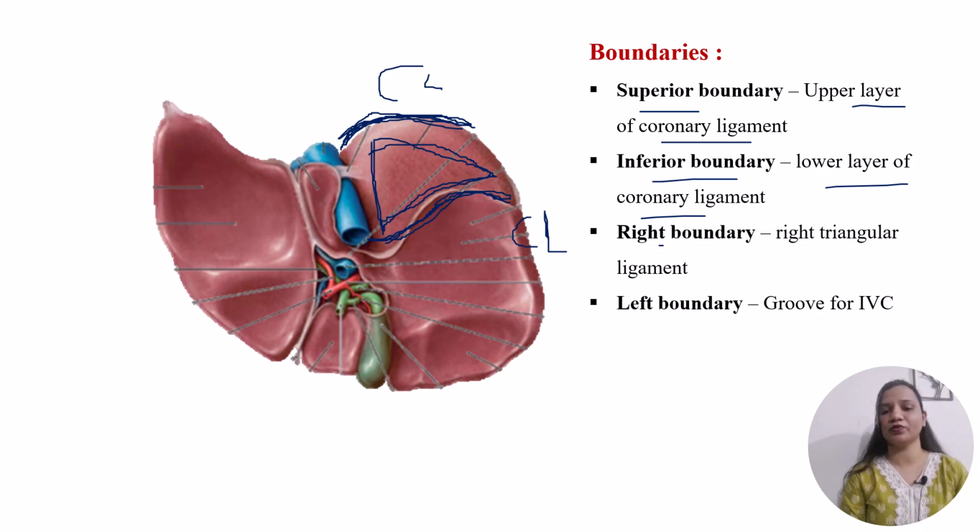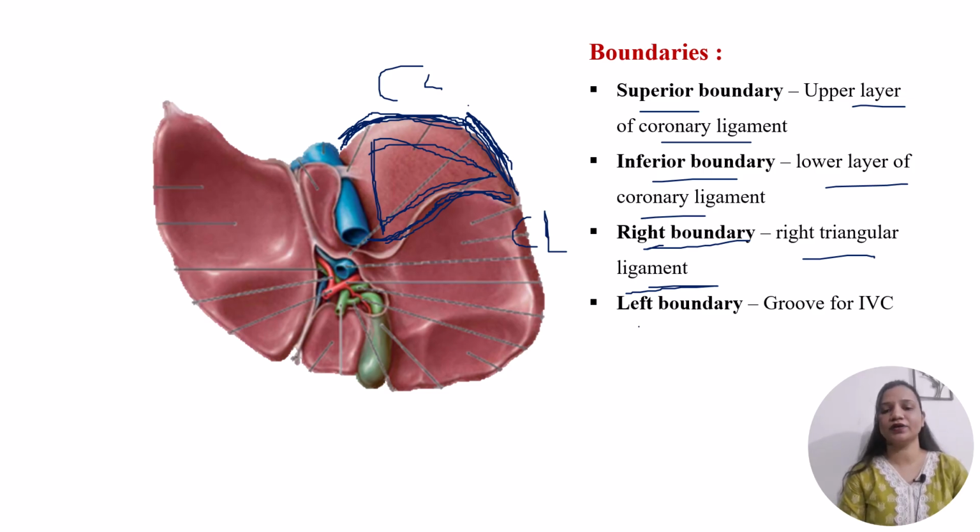Then there is the right boundary. The right boundary is formed by the right triangular ligament. As I have already mentioned, the two layers of the coronary ligament, the anterior and posterior layer, fuse laterally towards the right and form the right triangular ligament. So, both the layers fuse to form the right triangular ligament, which also forms the right boundary of the bare area.